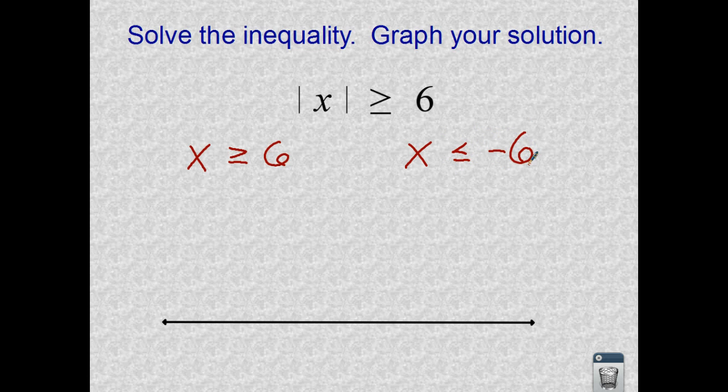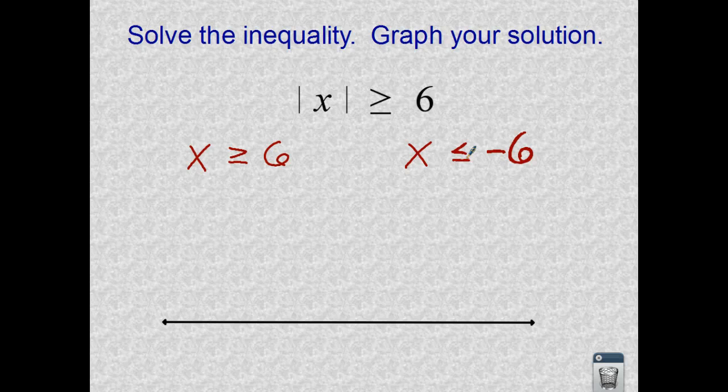Now the reason why we flip the symbol is because anytime we change the value of our integer, so we went from 6 to negative 6, we know that we divided or in some cases multiplied by a negative. That in turn would cause us to turn our symbol the other way.